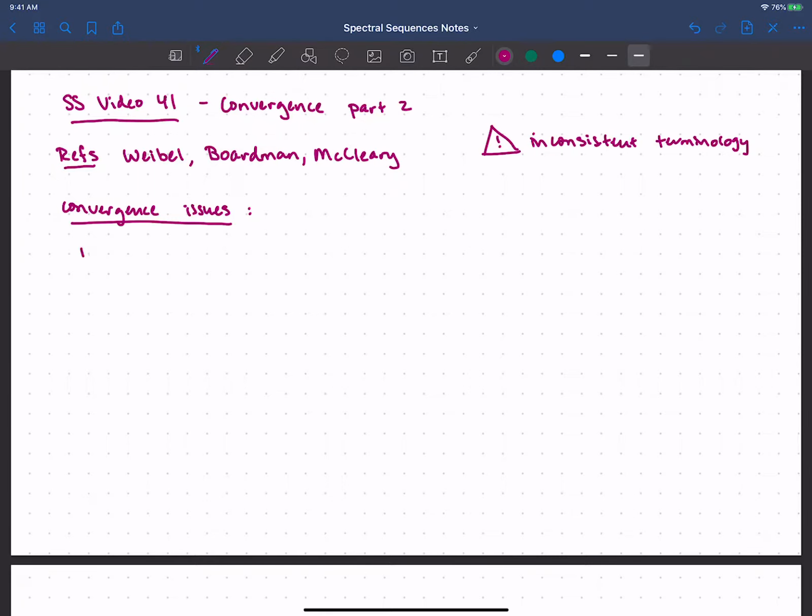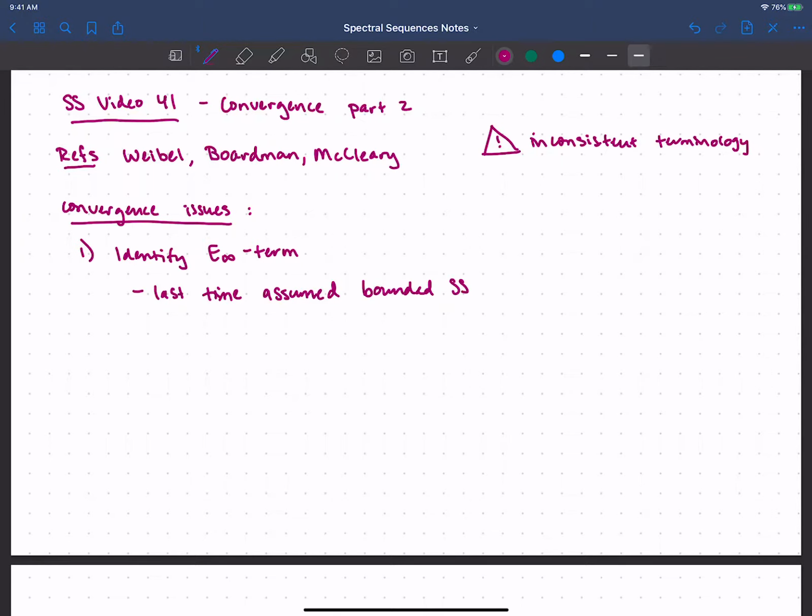So one of the big issues is, how do you identify the E infinity term? Can you identify it? Can you identify it in a nice way? Can you identify it uniquely? And so on. And so last time, we assumed that we had a bounded spectral sequence.